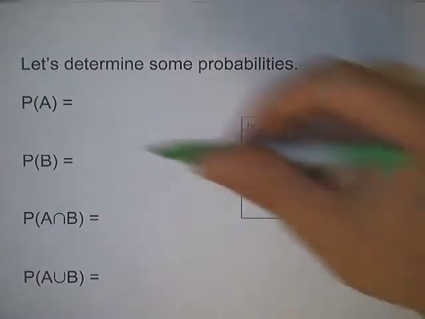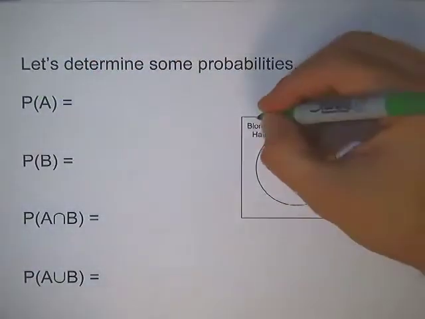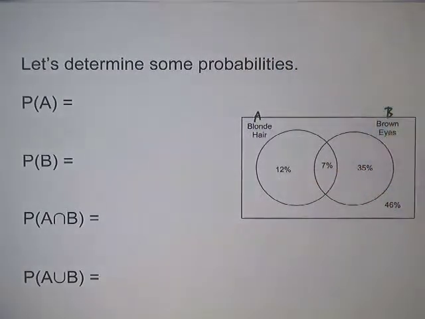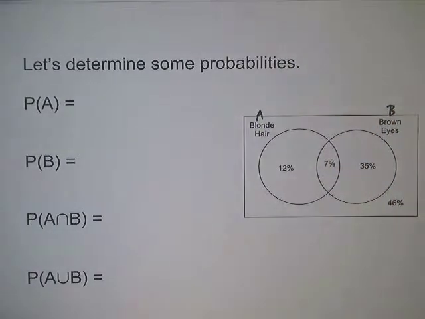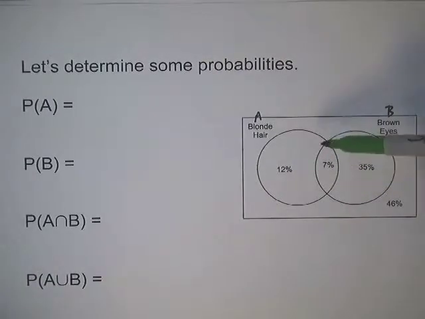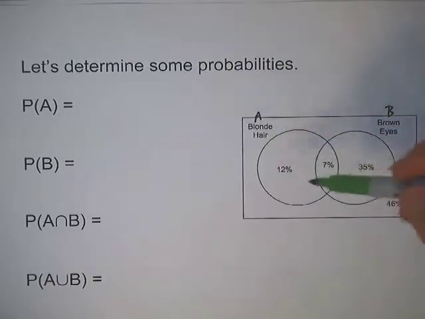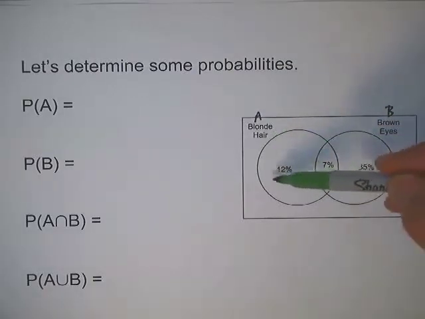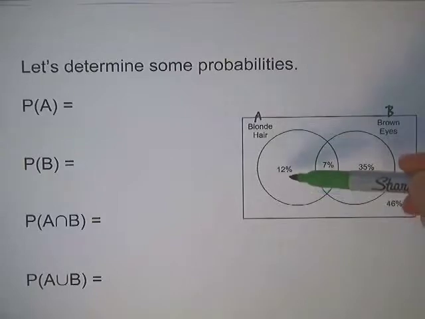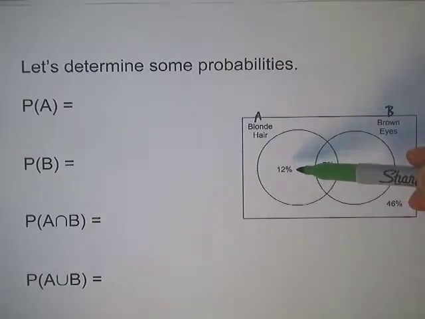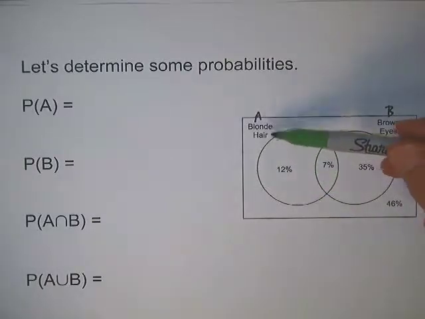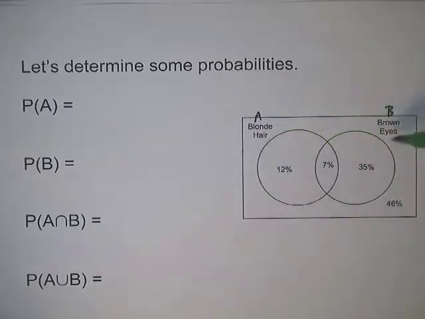Let's start with just the probability of A. A is blonde, B is brown. If we want the probability of blonde hair, we want to count the probabilities that represent somebody that will have blonde hair. Now, you might be inclined just to say 12%, but what the 12% means is people that have only blonde hair but not brown eyes.